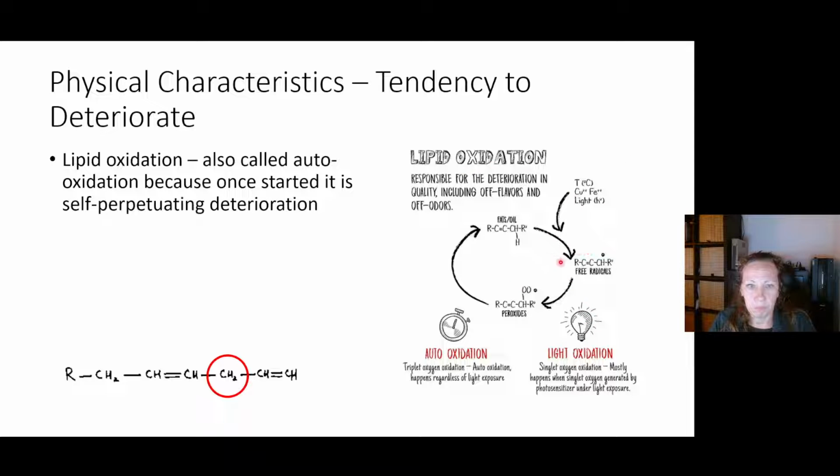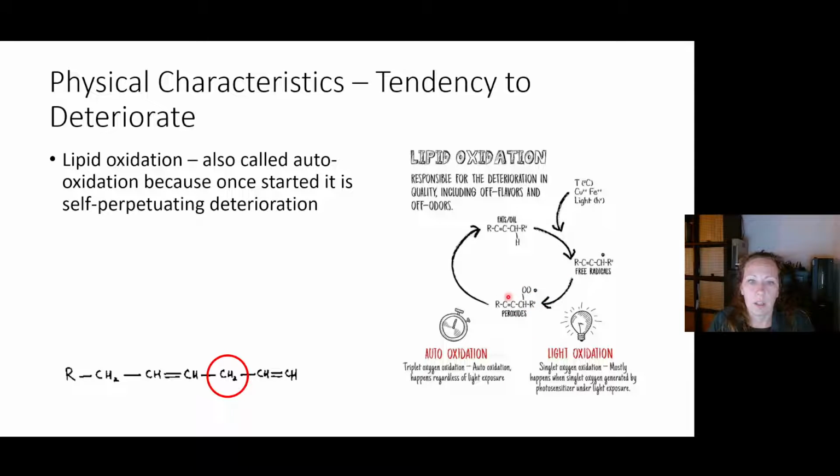So with this free radical, we then get oxygen in the equation, so O2, and O2 will bind to the free radical, but it doesn't really fix the problem. There is still a free radical, but now it's on the oxygen end. And this is called a peroxide, when you have a double oxygen bound to a carbon here.